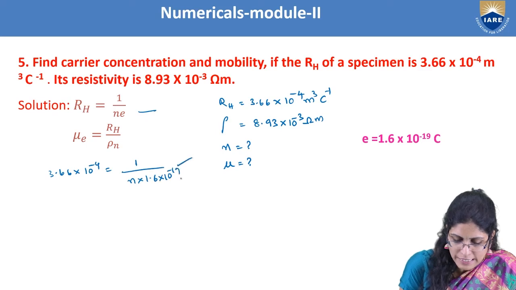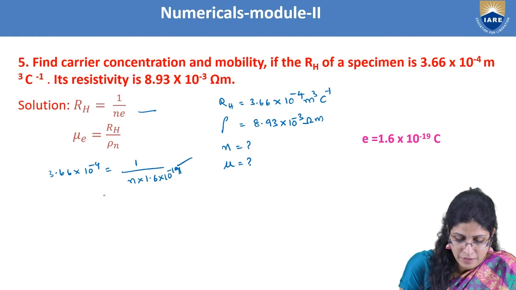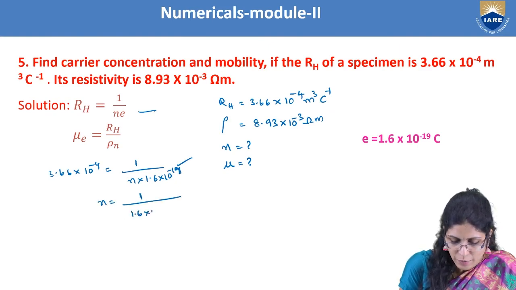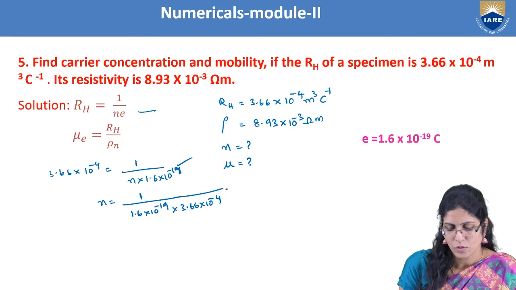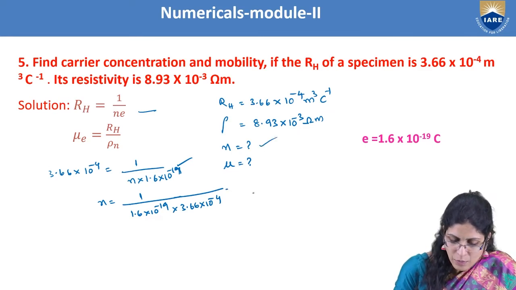So from this you can calculate N. N is equal to 1 by 1.6 × 10^-19 into 3.66 × 10^-4. So you'll get N. Okay, so now mu is equal to RH by rho into N.